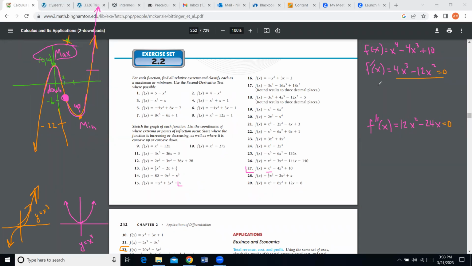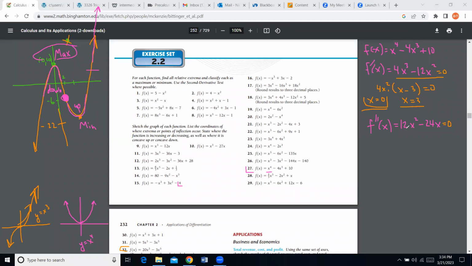We're using factoring. So 4x squared, the lowest power of x, I always factor out, and have x minus 3, right? 3 times 4 is 12. So I can see that either x is 0, that's from my first factor here, or x is equal to 3. Looks like x equals 0 is order 2.